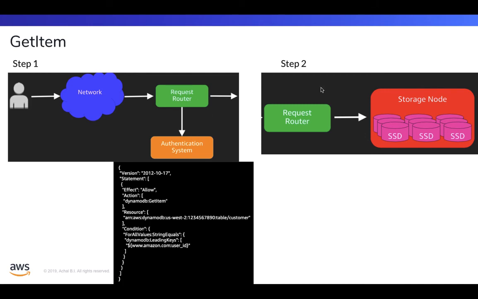If it passes, it hits the storage nodes. Storage nodes consist of a lot of distributed solid state drives where all your data is placed, and since this is SSD, they can achieve single digit millisecond latency.